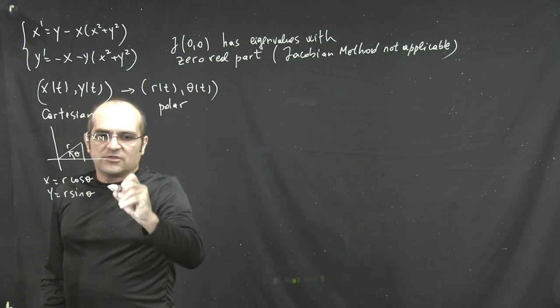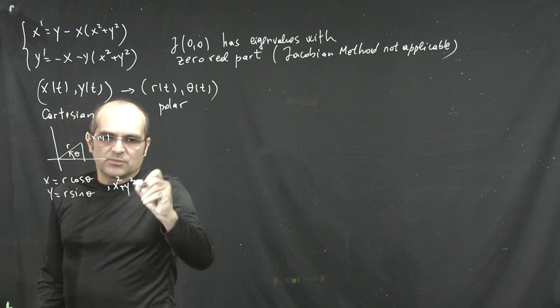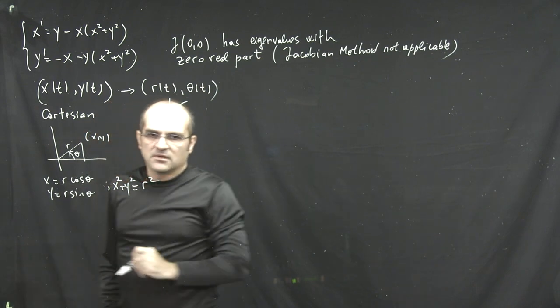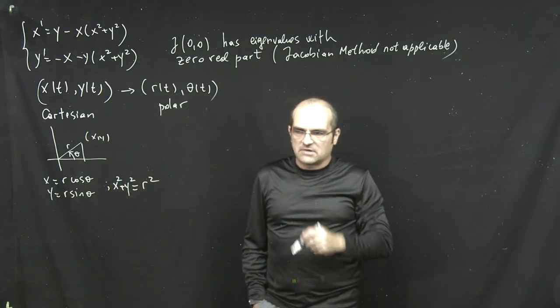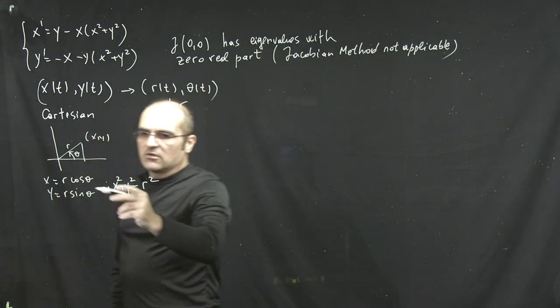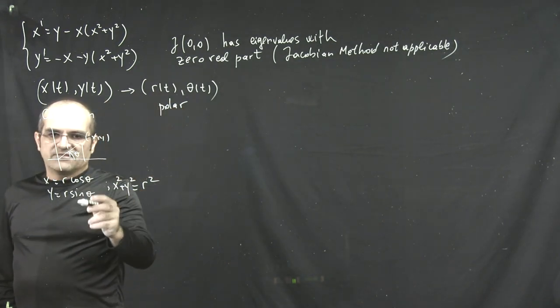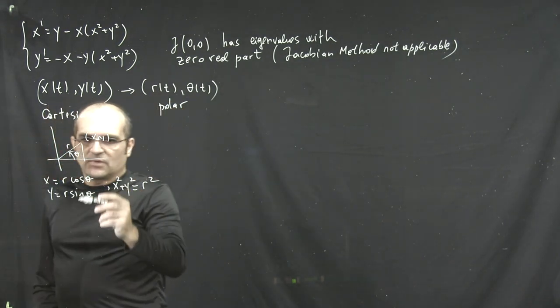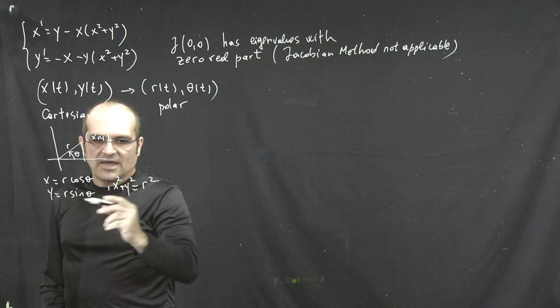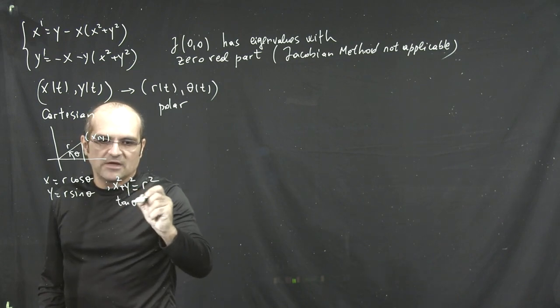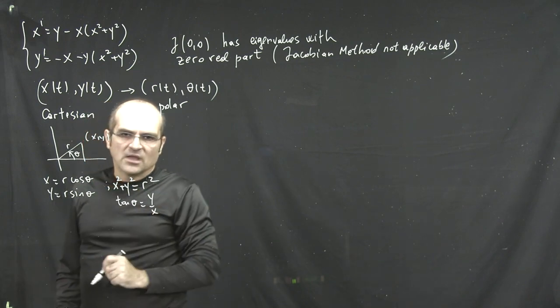So keep in mind that you can always replace x squared plus y squared by r squared. That's one thing to keep in mind when you add the two. And also, theta is typically given by tangent, because what one can do is divide y by x, so you have tangent of theta equals y over x.